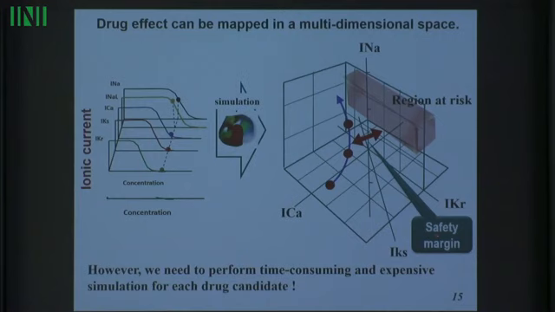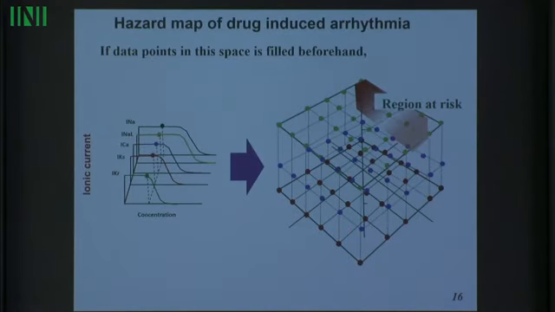But anyway, we have to repeat computationally expensive simulations for each new drug. However, if the data points in the space have been filled beforehand, we don't need to repeat the simulation.